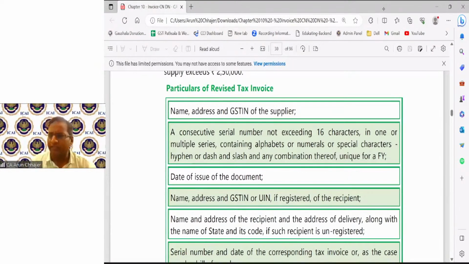Just in brief, not required to talk in detail. Revised tax invoice, very, very important. What is the revised tax invoice?